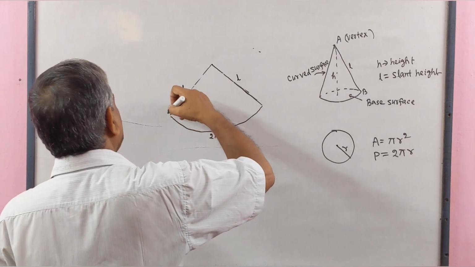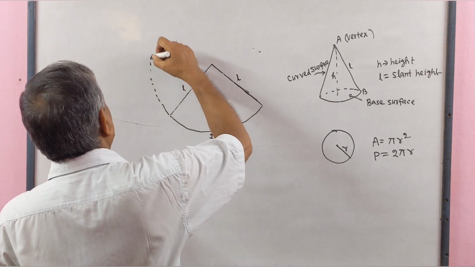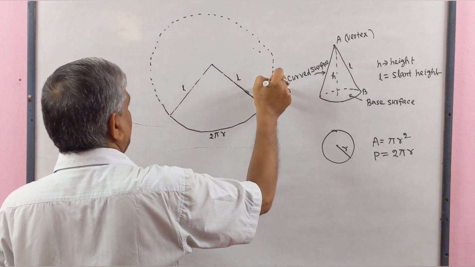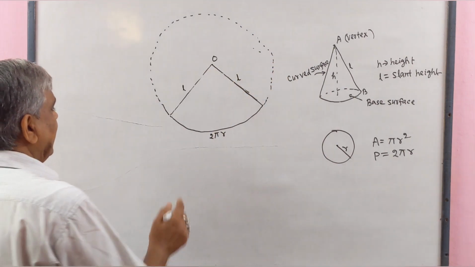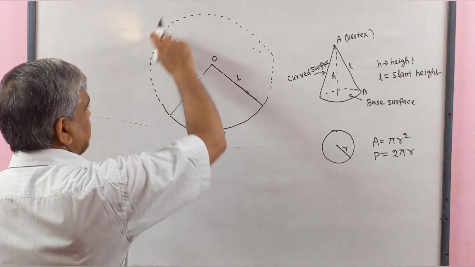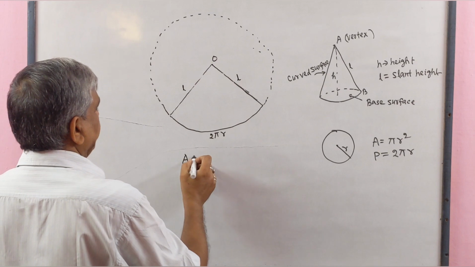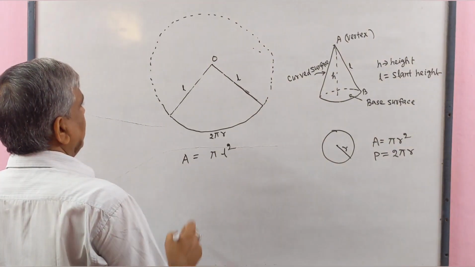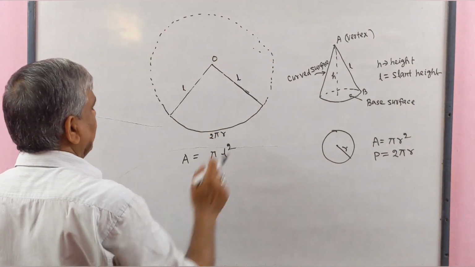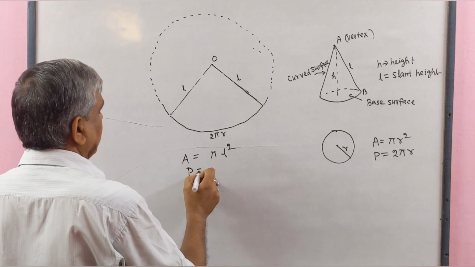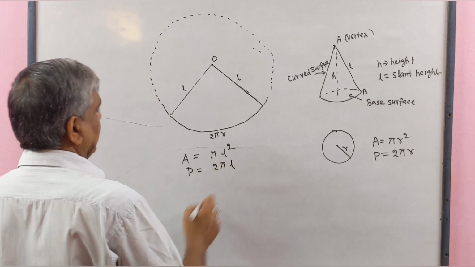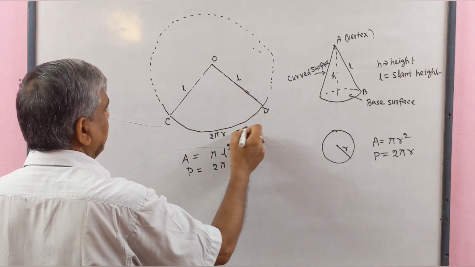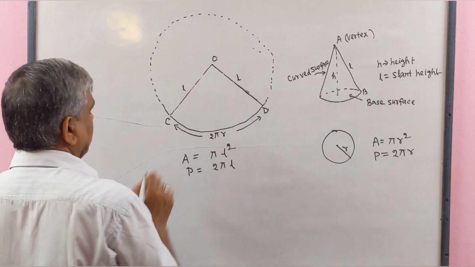If we extend this and get a circle, then the area of this larger circle will be pi L square. Perimeter of this large circle will be 2 pi L. Let this be arc CD whose length is 2 pi r.